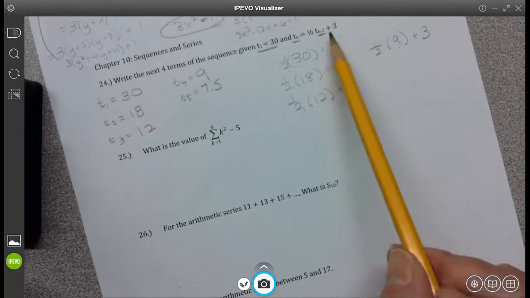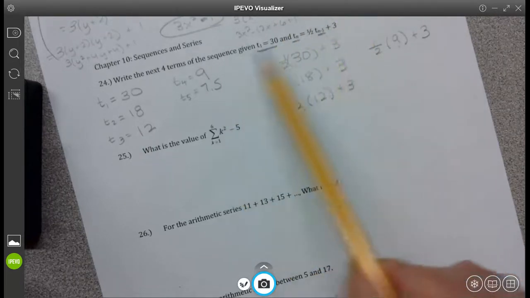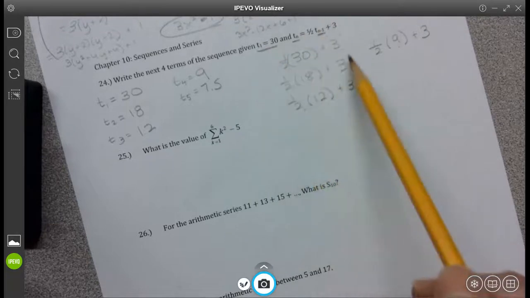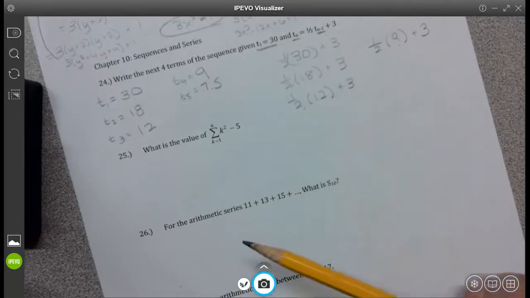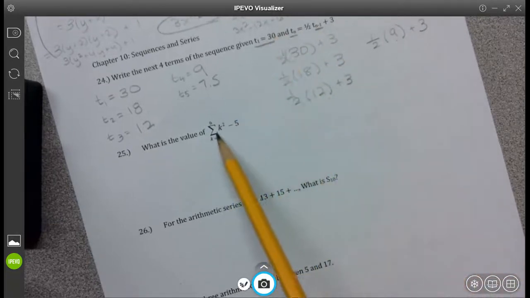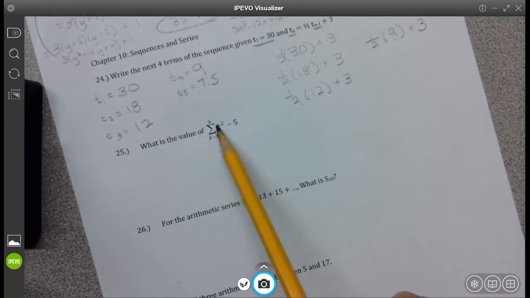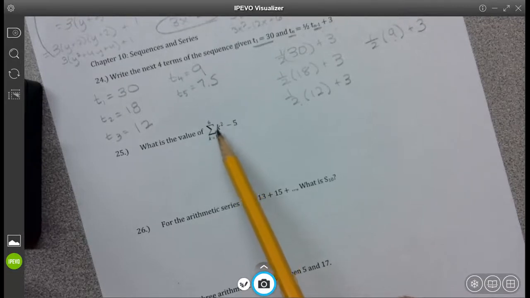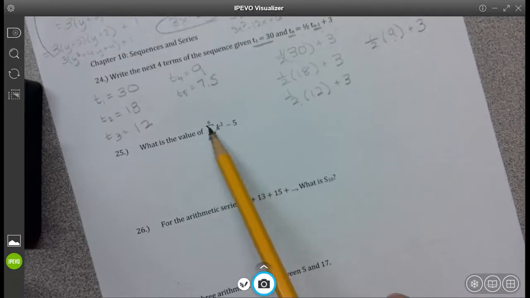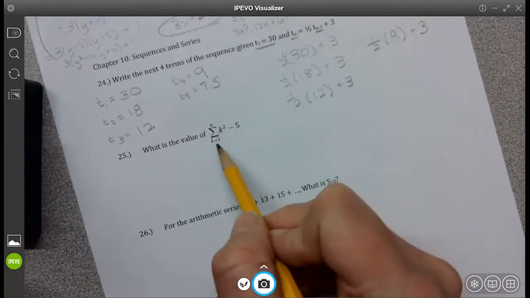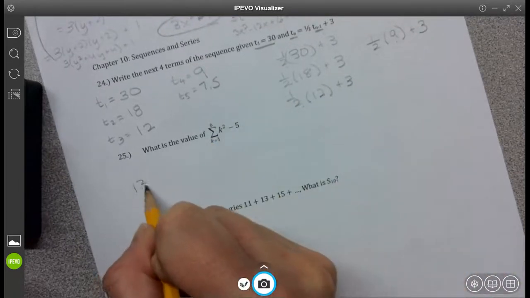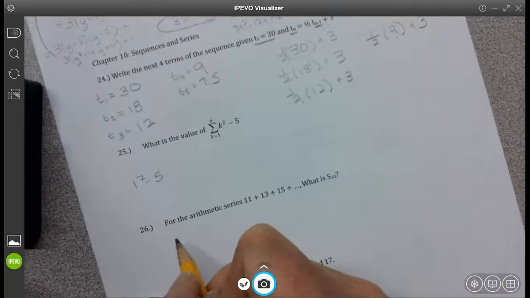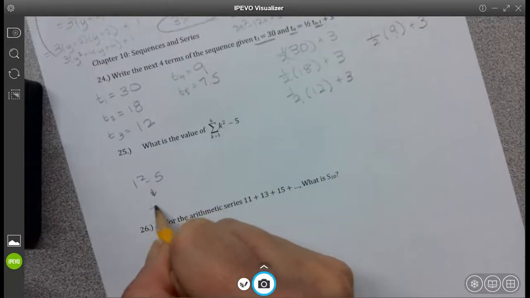This is called a recursive formula. It's like reoccurring. Taking the previous, taking the previous, taking the previous, okay? This one's saying, what is the value of this? This symbol here is called a summation. It says you're going to put in 1, 2, 3, 4, all the way up to 6, and then add them up. So if I put 1 in here, 1 squared minus 5, that's a negative 4.